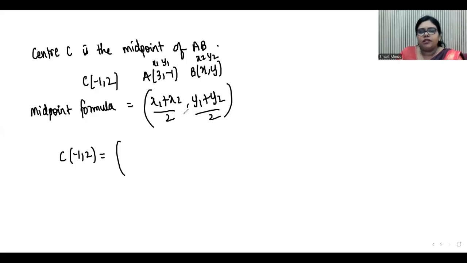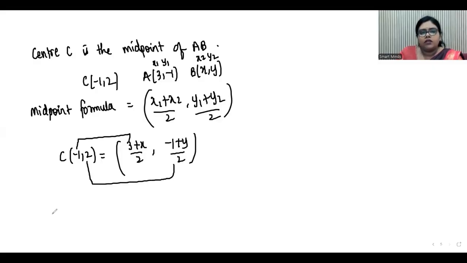Now substitute in this formula. So you get ((3 + x)/2, (−1 + y)/2). Equate x coordinates and y coordinates. So you will get −1 = (3 + x)/2. Cross multiply. You will get −2 = 3 + x.